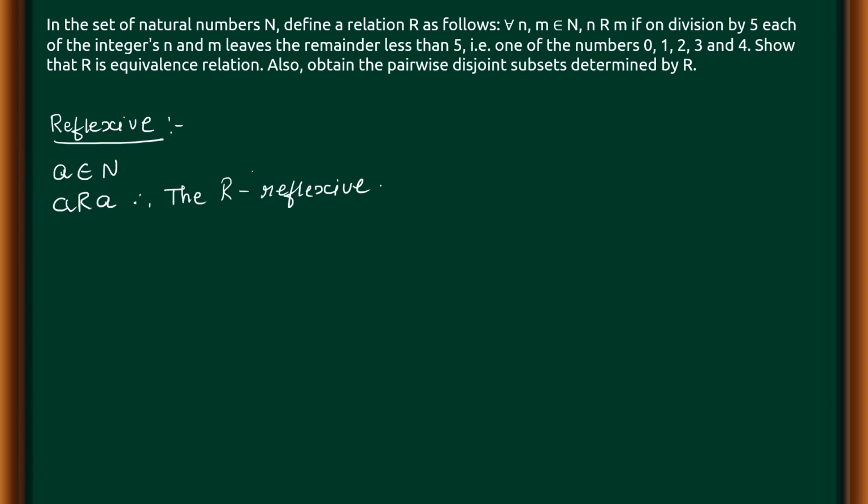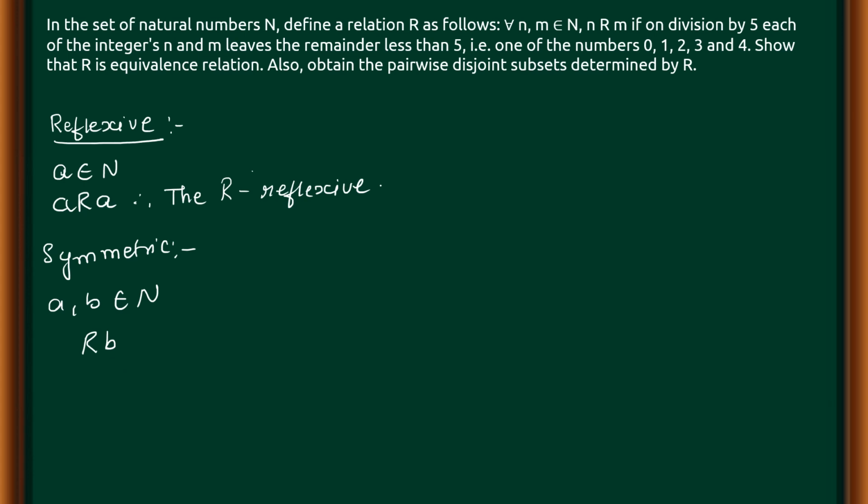Now let's see what happens with symmetric. For a relation to be symmetric, what is the requirement? That if we have A and B, if they both belong to N, and if A is in relation with B, then if we divide both by 5, we are going to get a remainder which is either 0, 1, 2, 3 and 4. So both of them will fulfill the condition of the remainder. Correct?